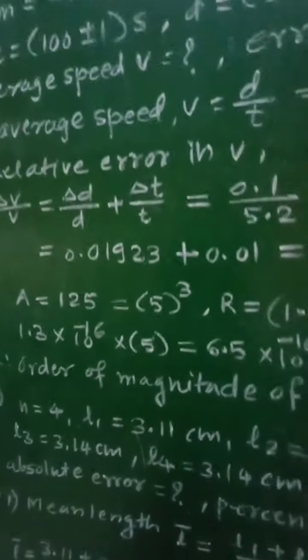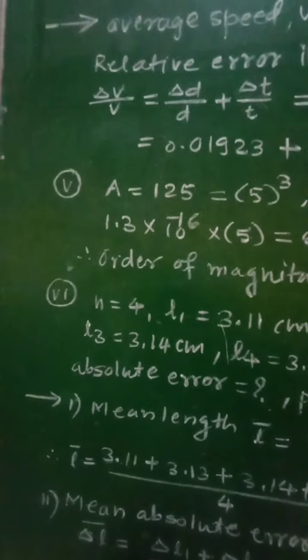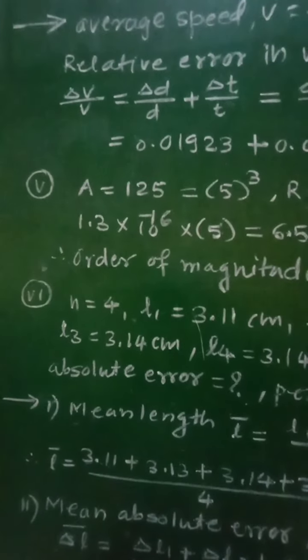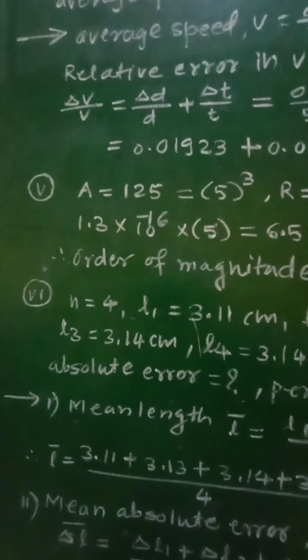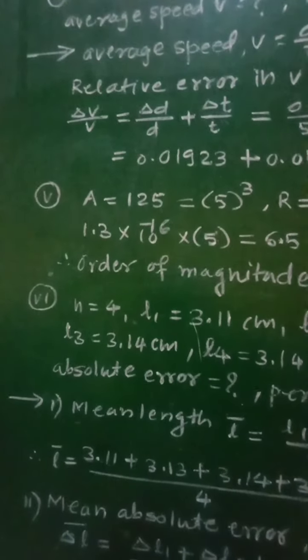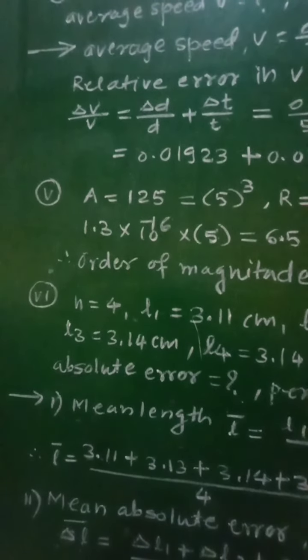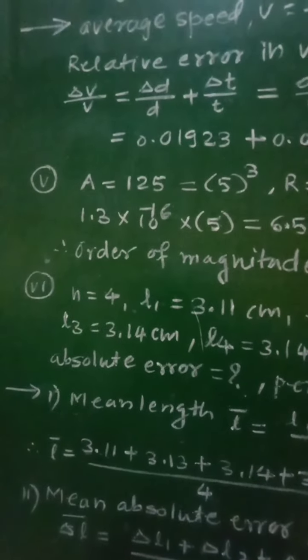Now let us go for next numerical, that is numerical number 5, which is stated as nuclear radius r has a dependence on the mass number A as r is equal to 1.3 into 10 raised to minus 16 into A raised to 1 by 3 meter.